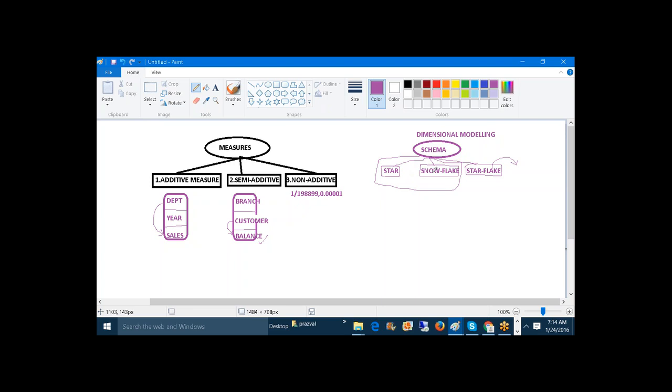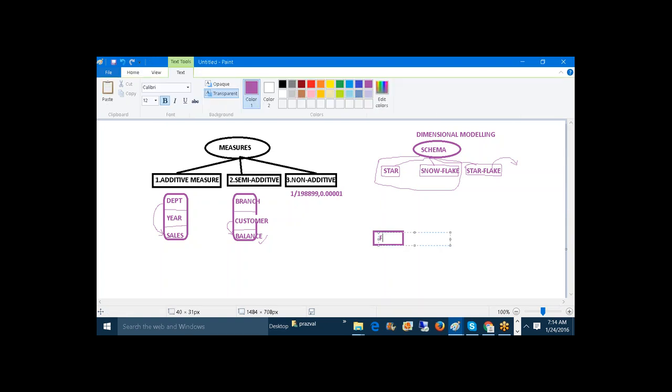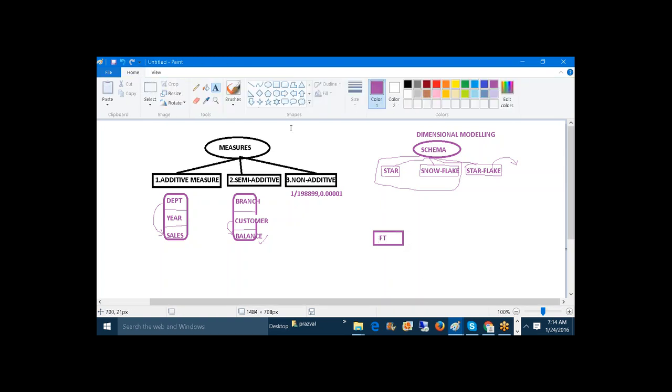So let me discuss the star schema. In a star schema, we have one centralized fact table. A fact table is a collection of facts, and a dimension table is a collection of multiple dimensions.